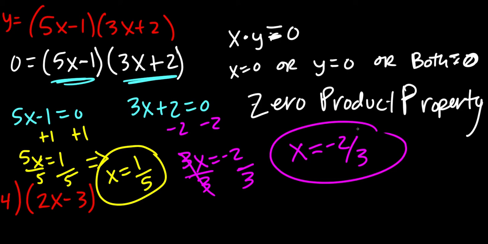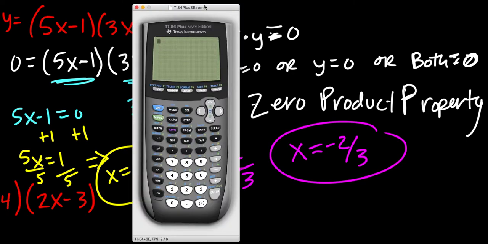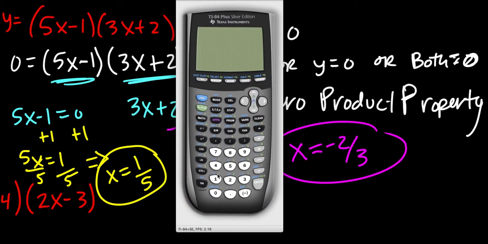We got these two roots, these two answers, and Desmos is always going to give you a decimal for an answer. So if you're not comfortable with this, just do 1 divided by 5, we get 0.2, and then negative 2 divided by 3, so we get negative 0.67.